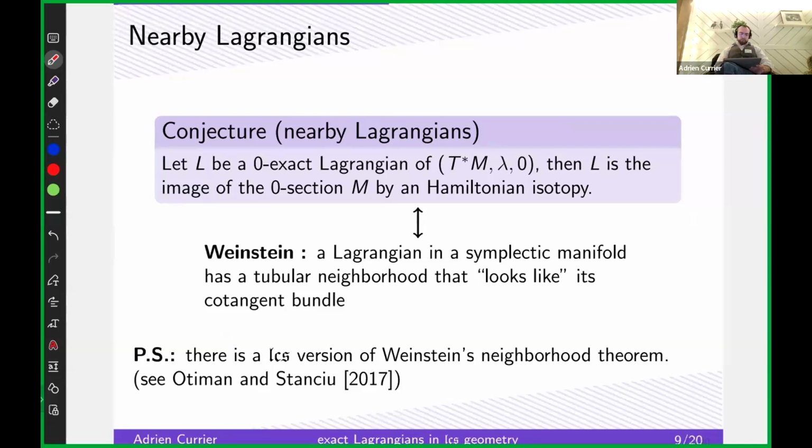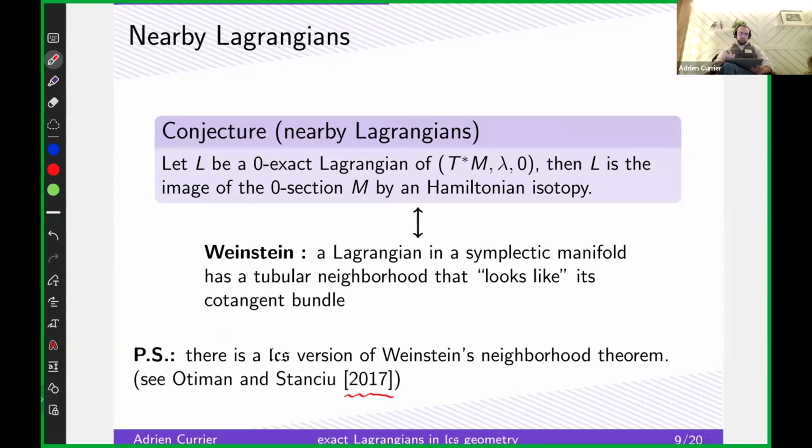Just as a quick aside, this was proven fairly recently, which illustrates my previous point that interest in LCS geometry has only peaked back again very recently, and there's a lot of things to do.